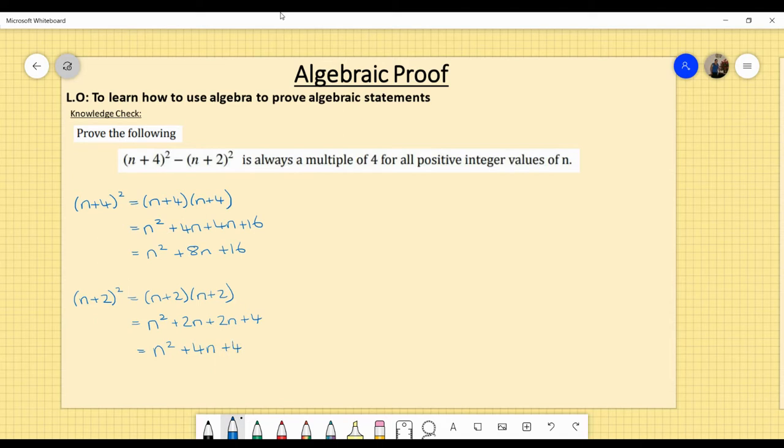Now if we go back to the actual expression, we need to subtract one from the other. So the n plus 4 squared was n squared plus 8n plus 16, minus the other expression in full, so we're going to put it in a bracket again.